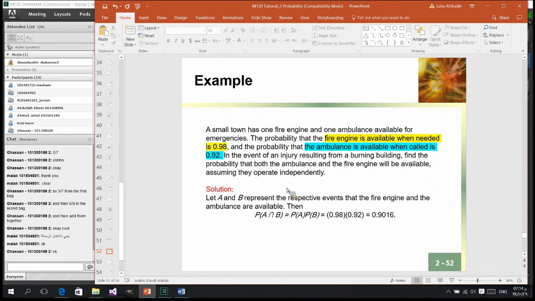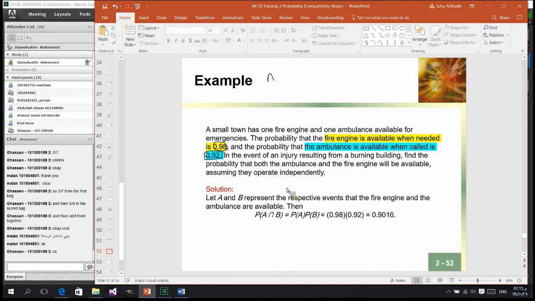Example. A small town has one fire engine and one ambulance available for emergencies here. A probability that the fire engine available is 0.98. The probability that the ambulance is available is 0.92 here. Okay.